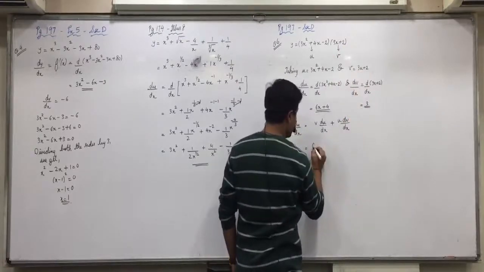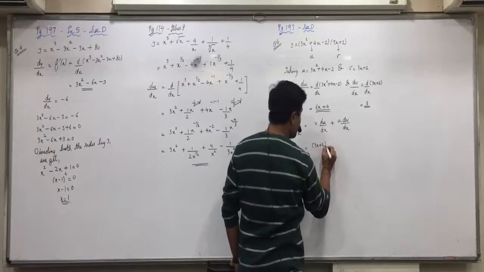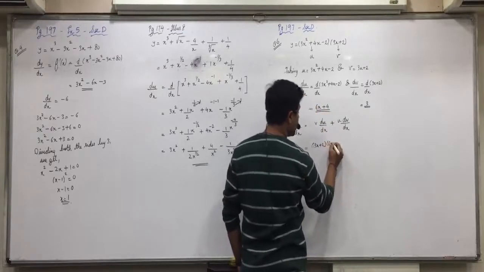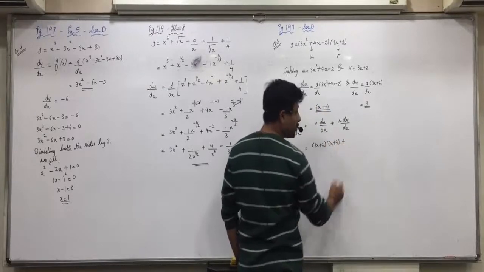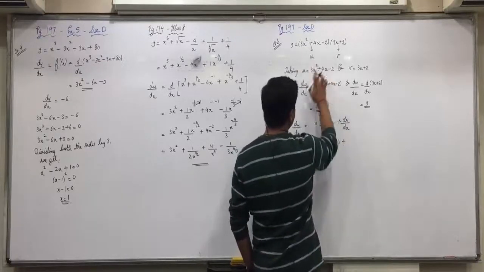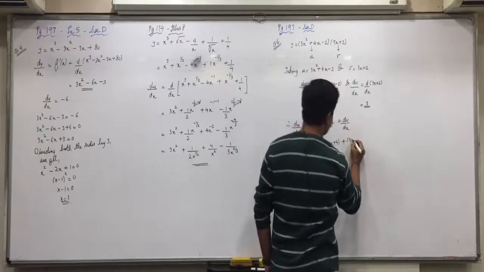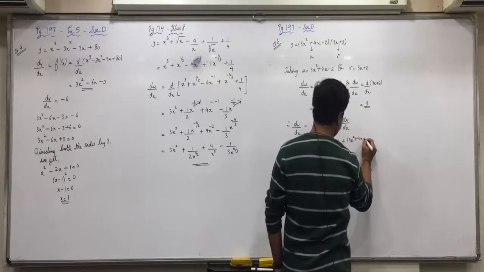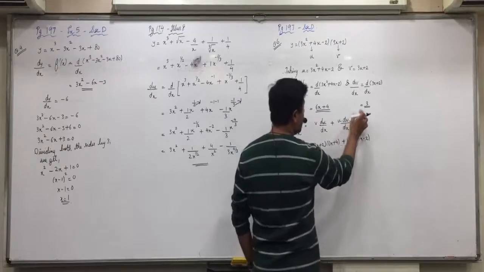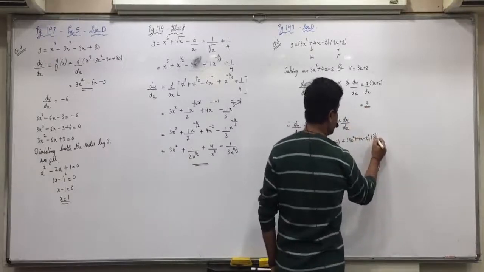3x + 2 into du/dx, 6x + 4, plus what is u? 3x² + 4x − 2 into dv/dx, 3.